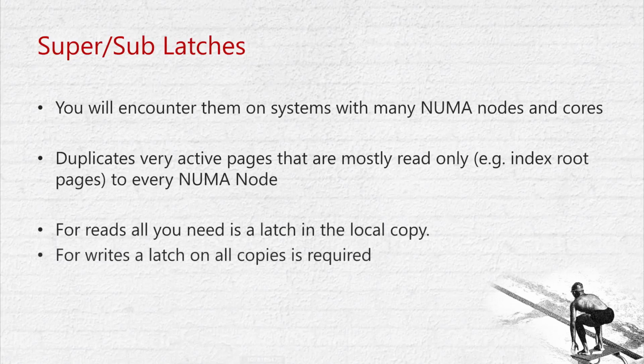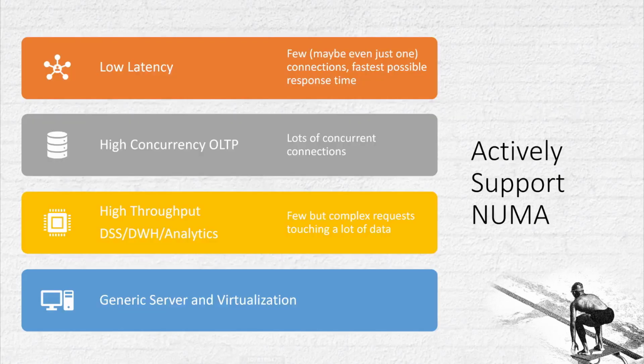So already said for writes, it has to grab them all. So when would I actively support NUMA? When would I put in the work? Definitely on low latency machines. Since on a low latency machine there should be no NUMA nodes, that should be fairly easy.